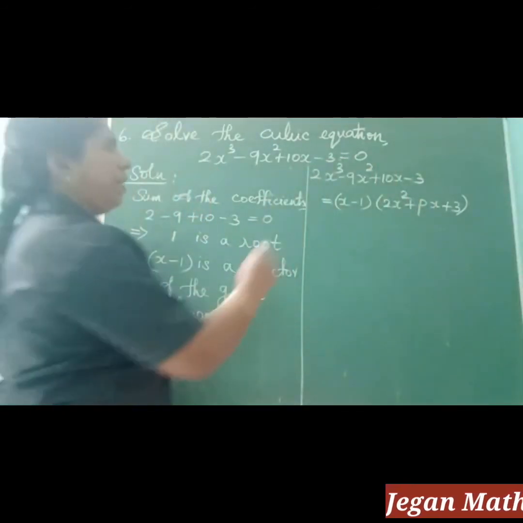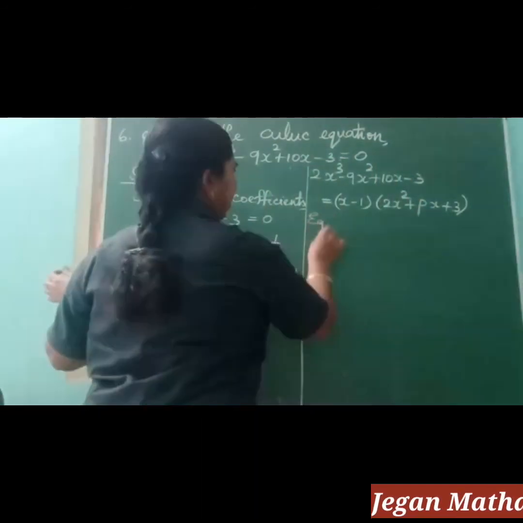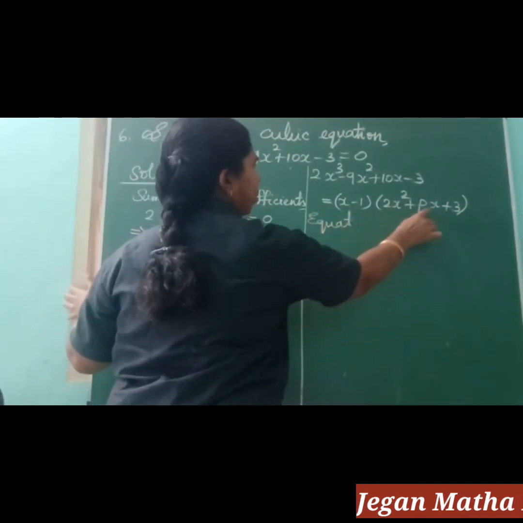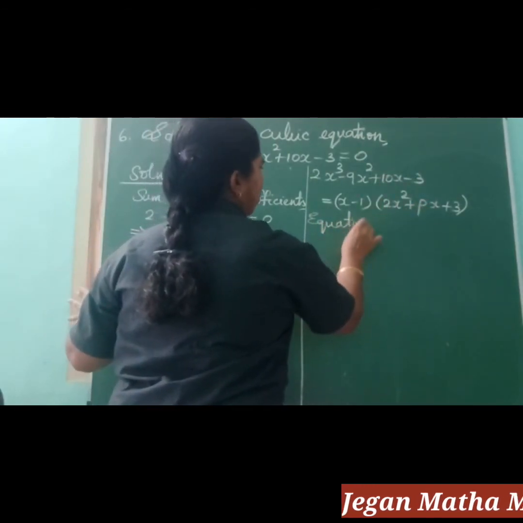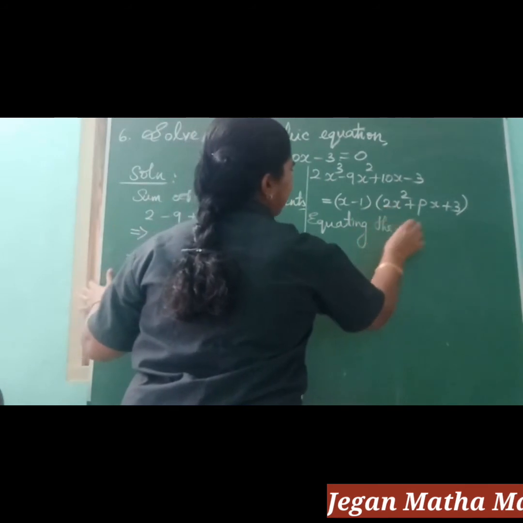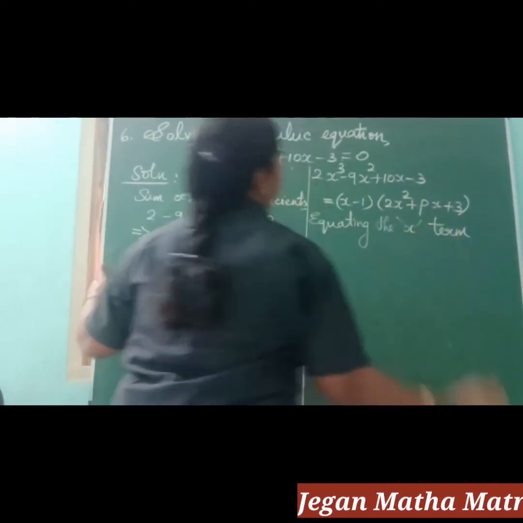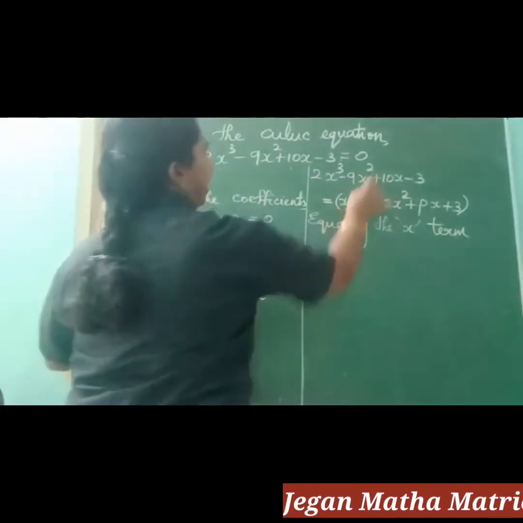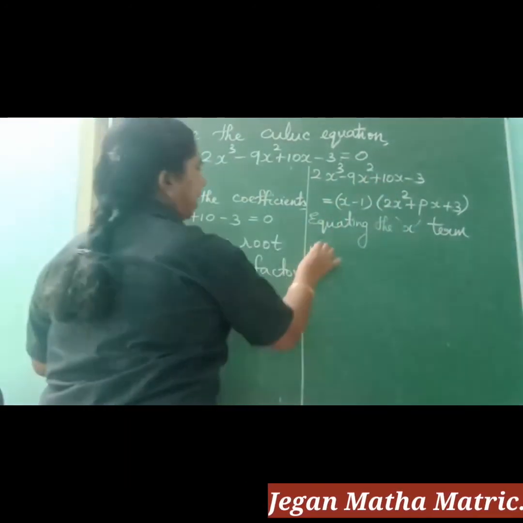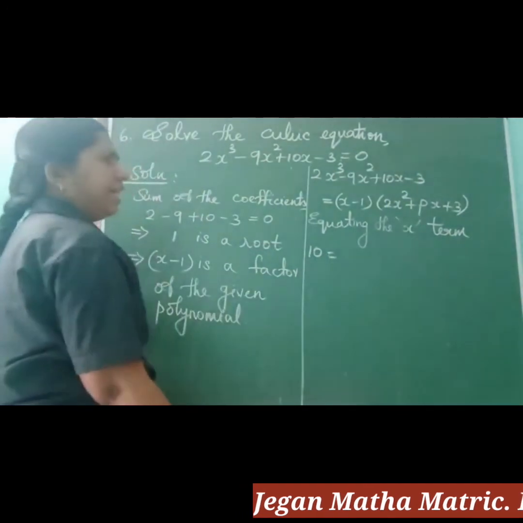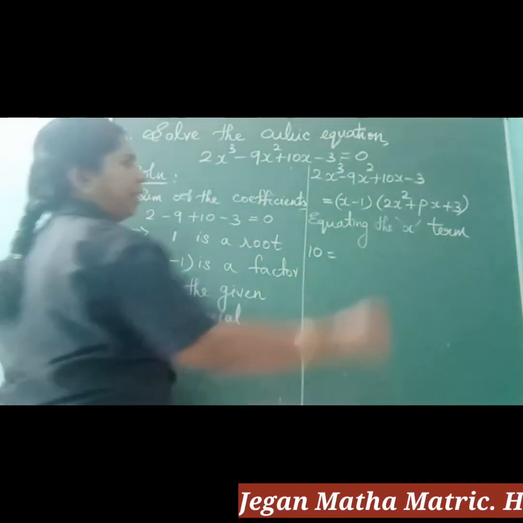Now equating the x terms. We want to find out the coefficient of x. So equating the x terms on both sides. Left side, the coefficient of x is 10. Right side, the coefficient of x, how will we find out?